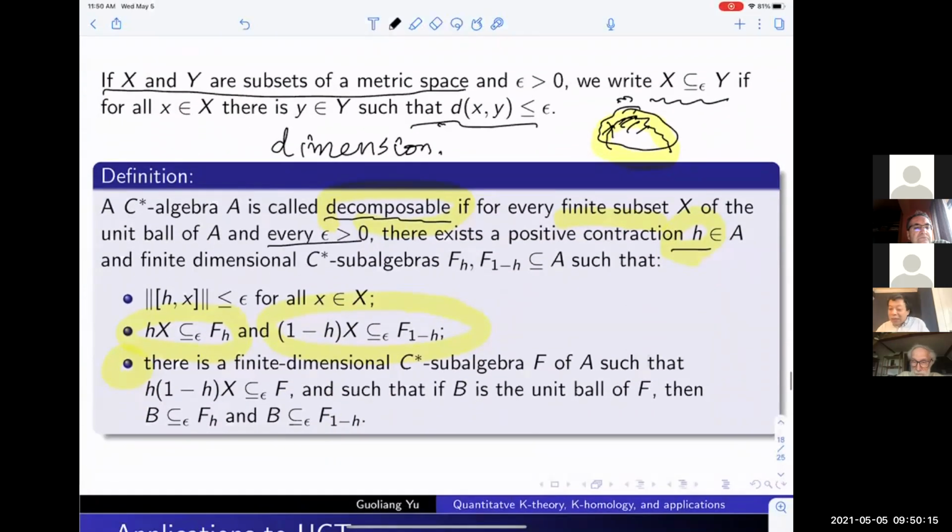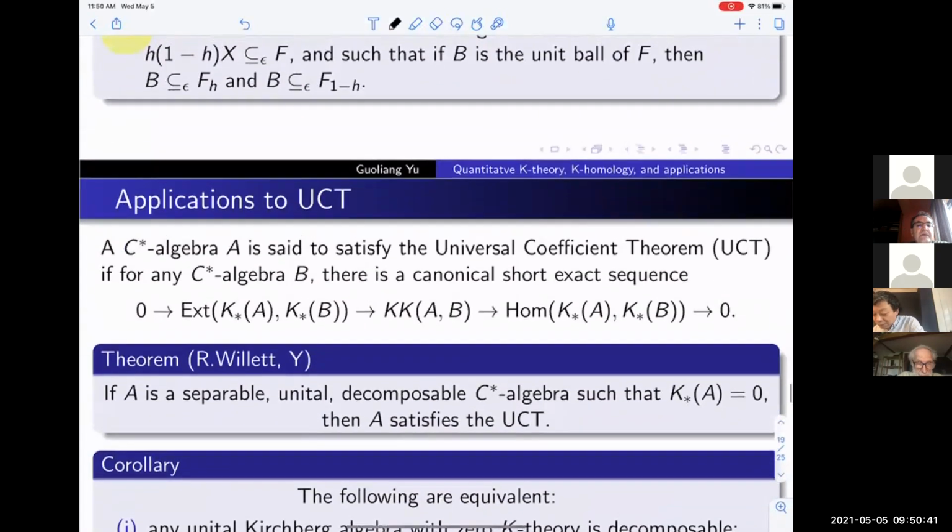So it's very natural. This is like a dimension 1 condition. Now, actually, in C*-algebra theory, dimension 1 is a generic phenomenon. That's why we are concentrating on dimension 1.